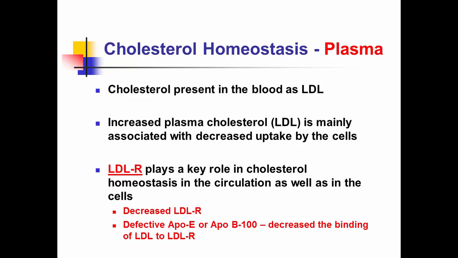Remember, ApoE and ApoB100 are required for the binding of LDL to the LDL receptors. So if for some reason we cannot synthesize enough ApoE or ApoB100, then LDL cannot be recognized by LDL receptors, even if you have a normal amount of LDL receptor. Because of that, more LDL remains in the circulation.